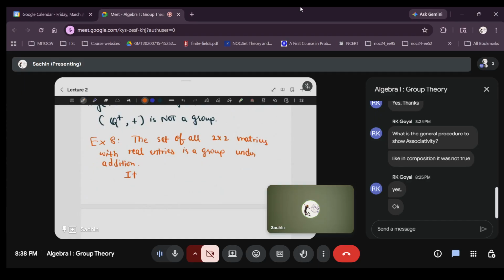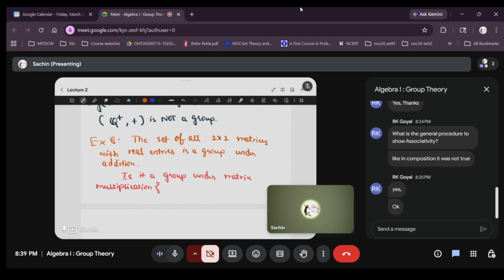But is it a group under matrix multiplication? Is the set of all 2 by 2 matrices a group under matrix multiplication? If you take the set of all matrices, then not all 2 by 2 matrices are invertible.